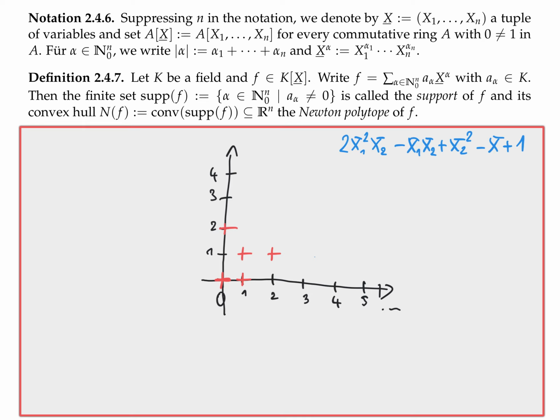And this is f, and this is the support of f. And its convex hull, N of f, is called the Newton polytope. So that's N of f. That's the Newton polytope.